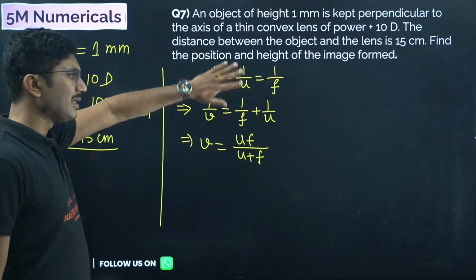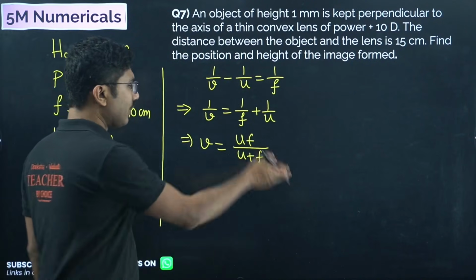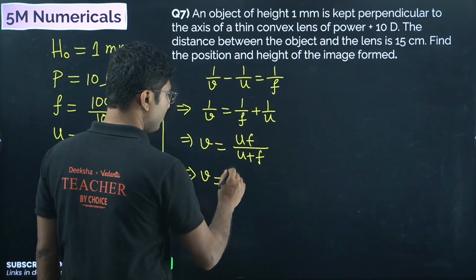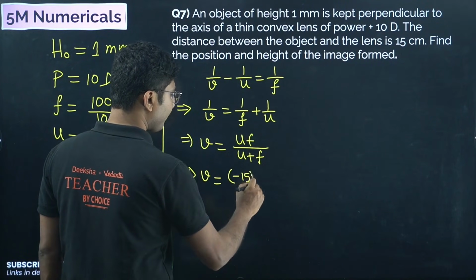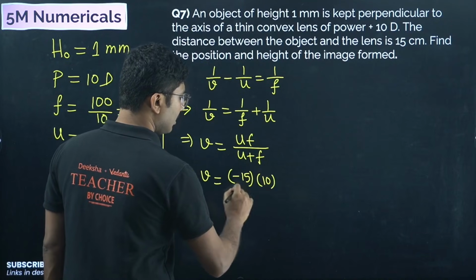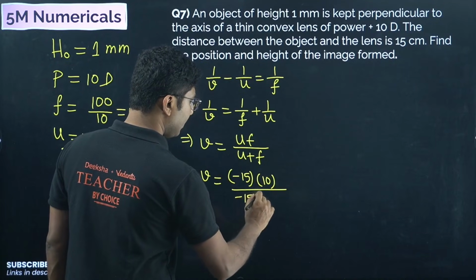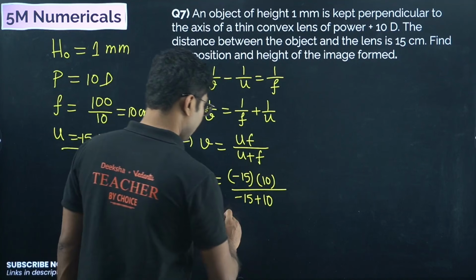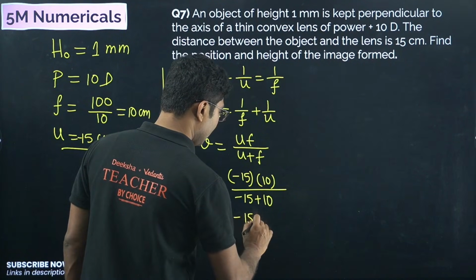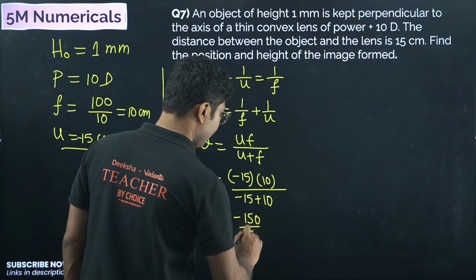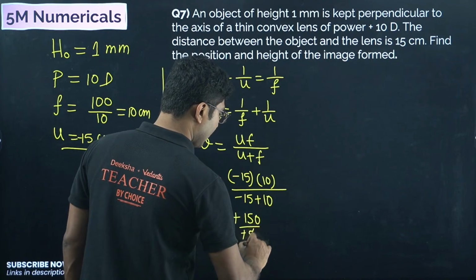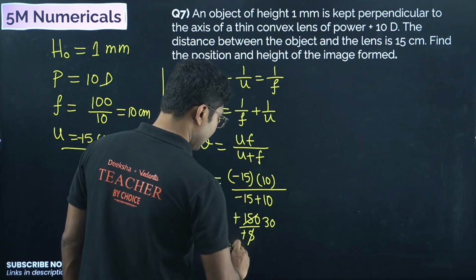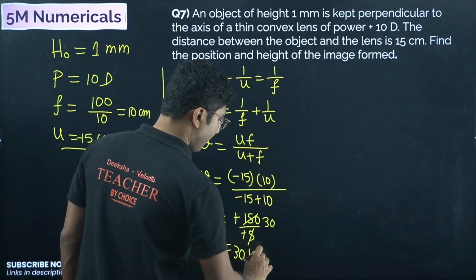Don't put the values immediately, it might get tricky, but once you get this formula, it is very easy to solve. So v equals (minus 15 times 10) divided by (minus 15 plus 10). That is minus 150 divided by minus 5, minus cancels, and you get 30. So v equals 30 centimeter.